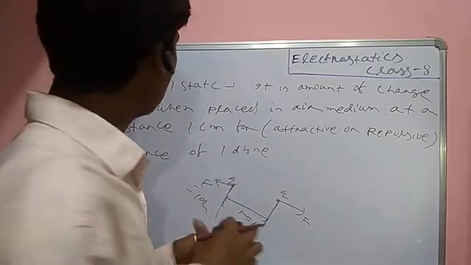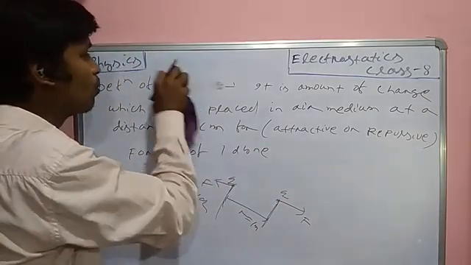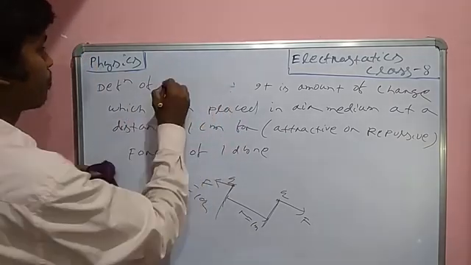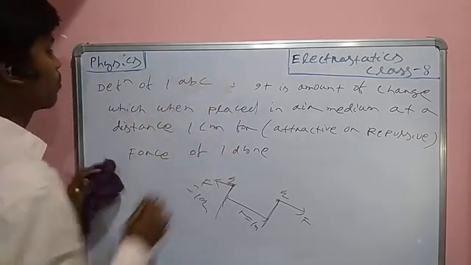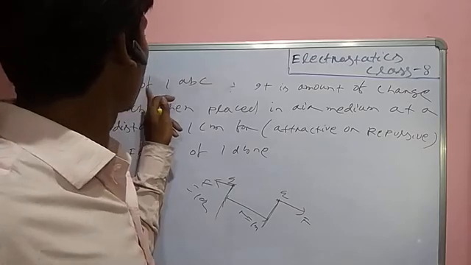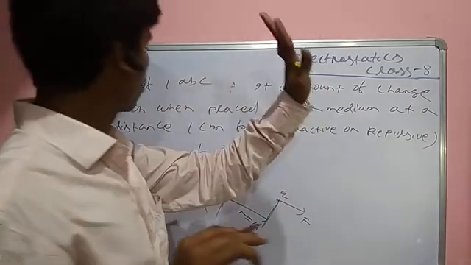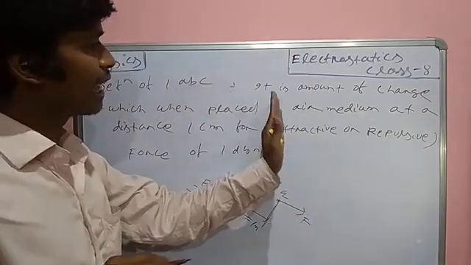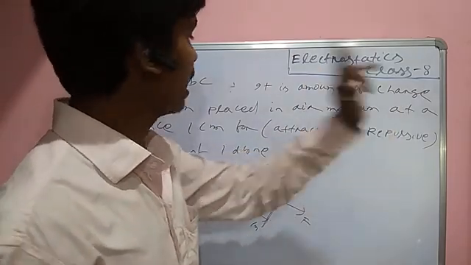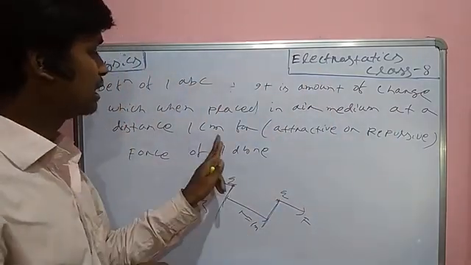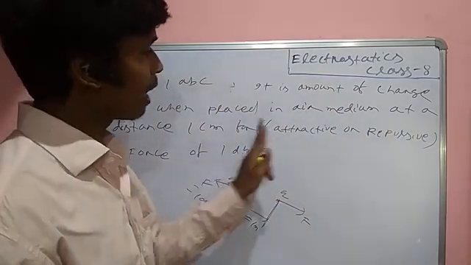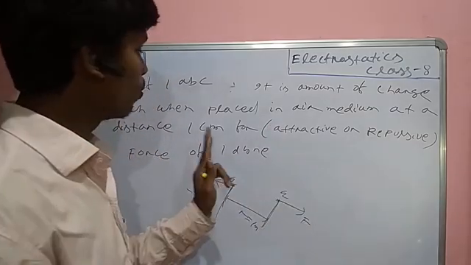Similarly, we can define 1 abcoulomb. It is the amount of charge which when placed in air medium at a distance of 1 centimeter experiences an attractive or repulsive force of 1 dyne.